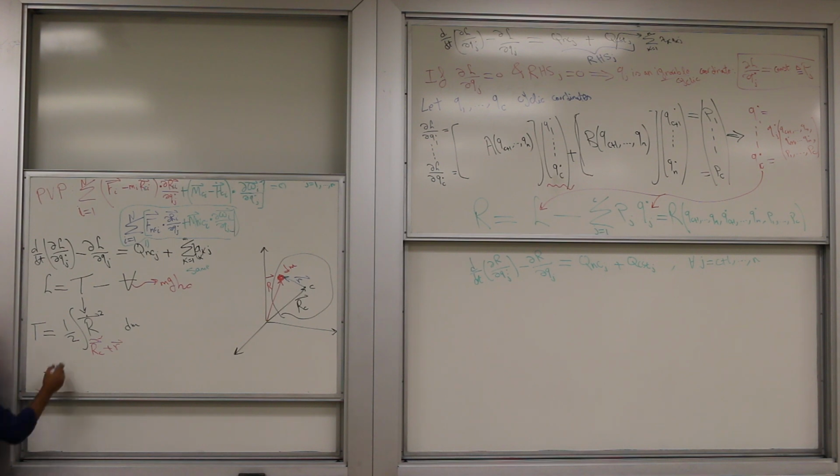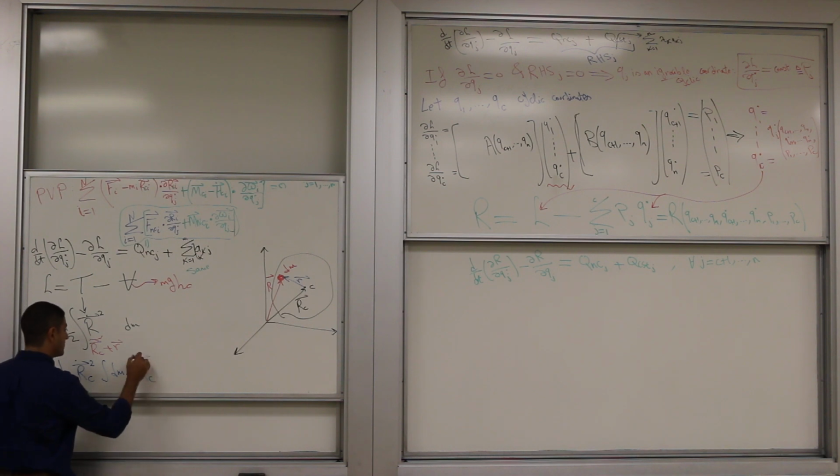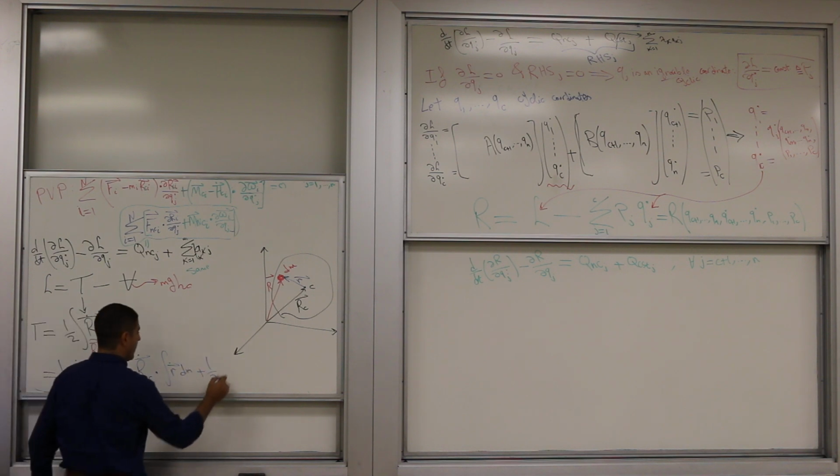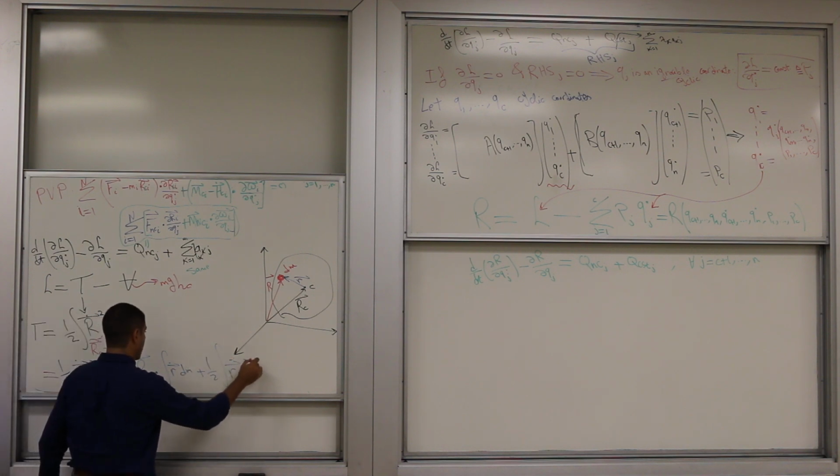The first term is 1/2 RC dot squared integration of dm. The second term is, you have 2, get away with the 1/2, RC dot dotted with little r dot dm. Plus the third term, 1/2 little r dot squared dm.